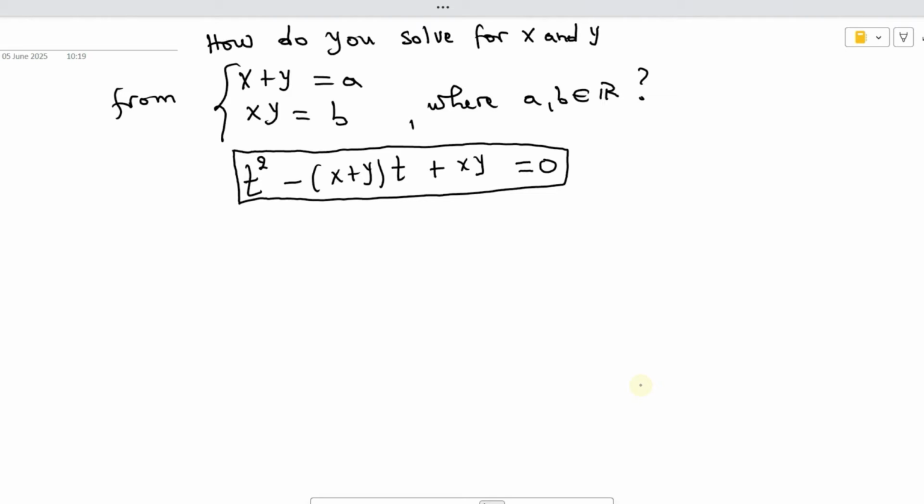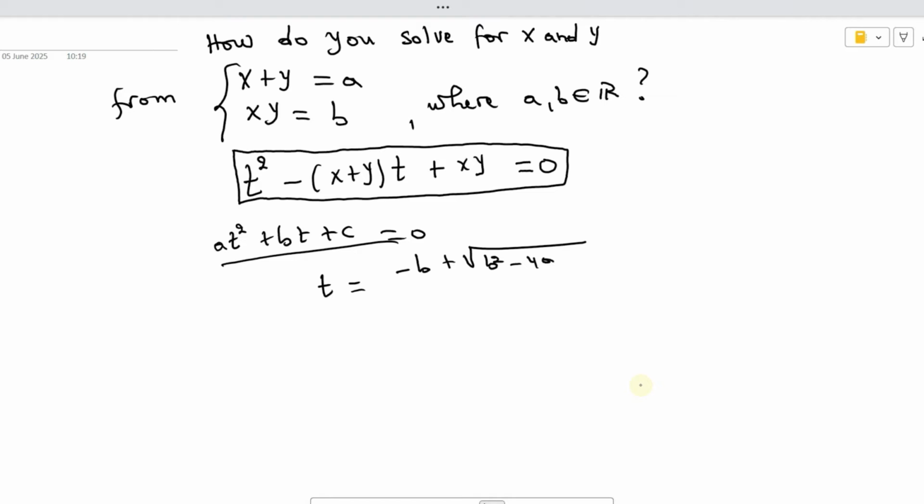The general form of a quadratic equation is a t squared plus b t plus c equals 0. Solving this always leads to roots of the form t equals minus b plus or minus the square root of b squared minus 4ac, over 2a.